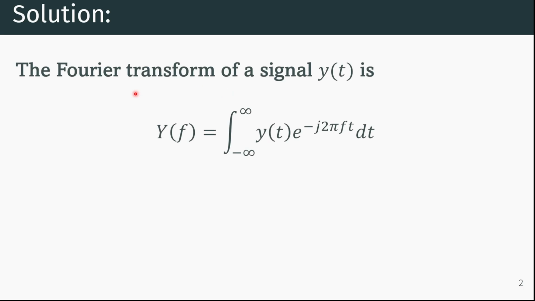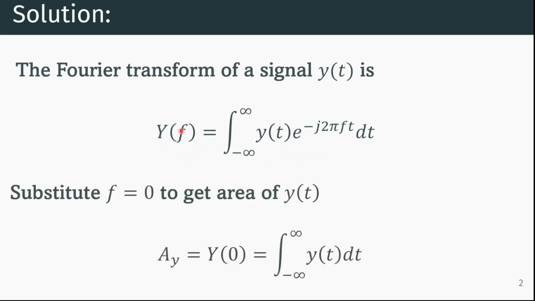To evaluate the solution, we will take the help of the Fourier transform. How is the Fourier transform of a signal y of t defined? It is defined as Y of f equal to the integral from minus infinity to infinity of y of t e power minus j 2 pi f t. Now let's look at what happens if you replace f with 0.